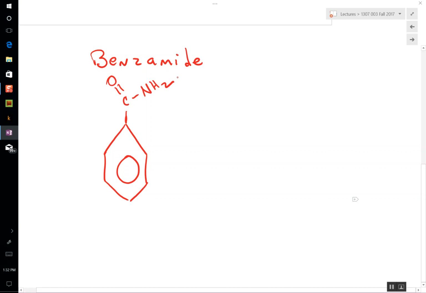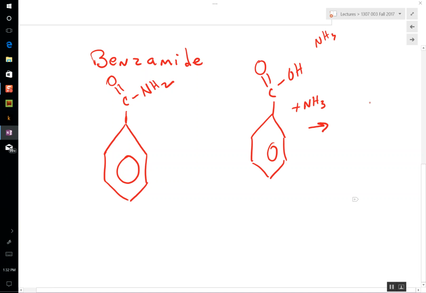If you had benzoic acid, and you reacted that with ammonia, you could break off a water molecule here, plus ammonia, you could get benzamide. So you get an NH2 on here plus water.